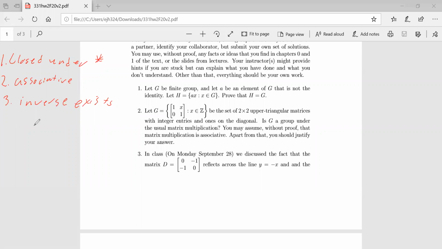And what does this basically assume? Inverse is meaningless without... what is the last one? Identity. Yes. Identity exists.